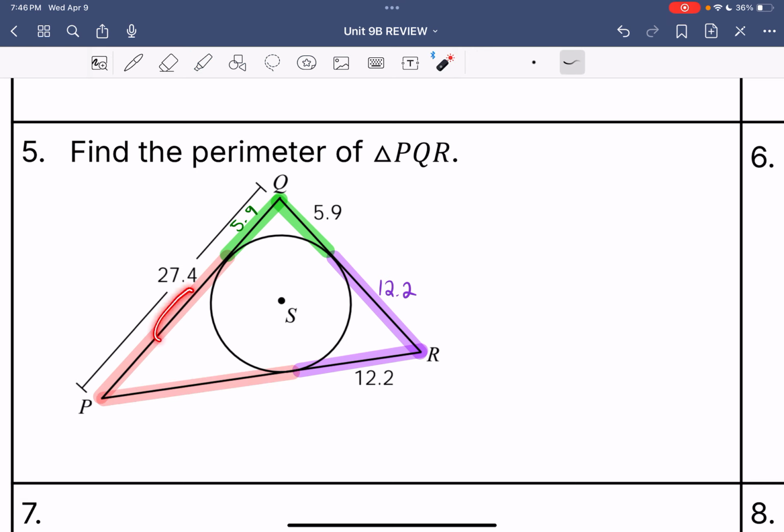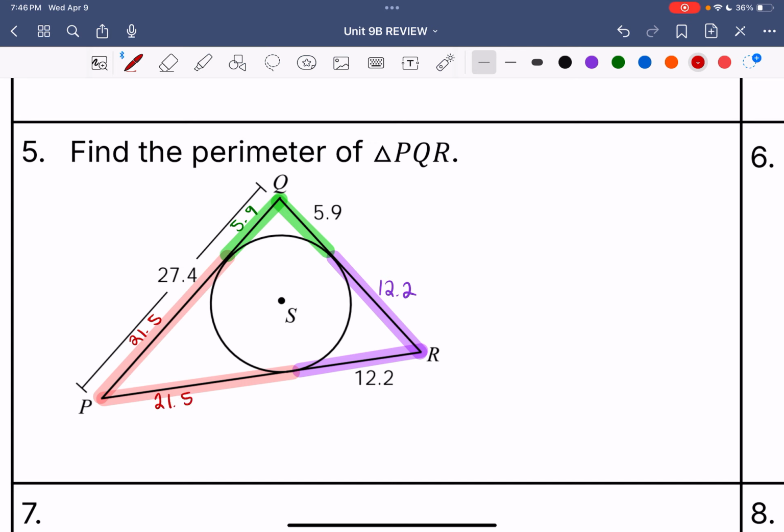Right now, I don't know the length of this, but we can find that because the total has to be 27.4. Let's subtract the 5.9. 27.4 minus 5.9 gives me 21.5. And if that's 21.5, so is this one.